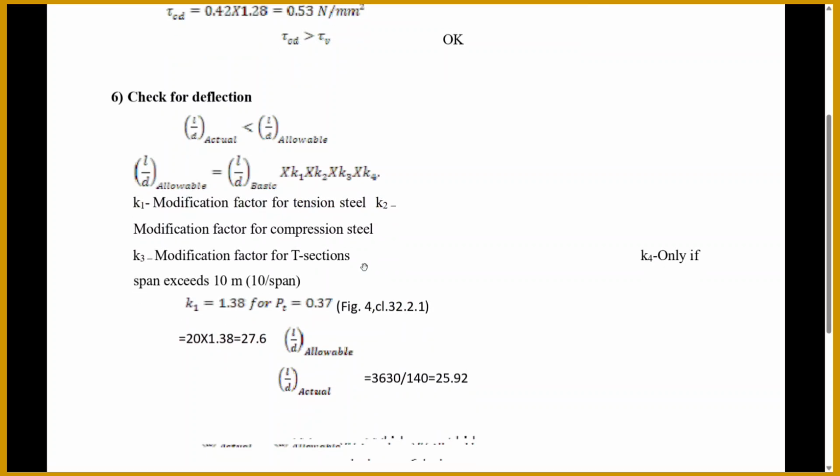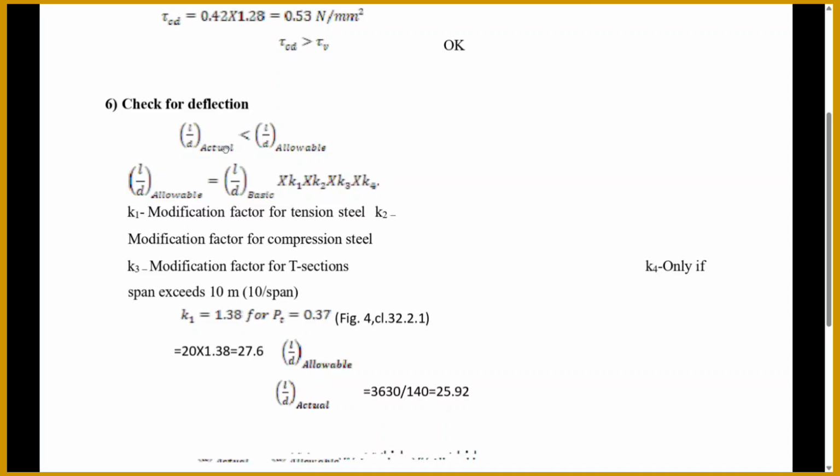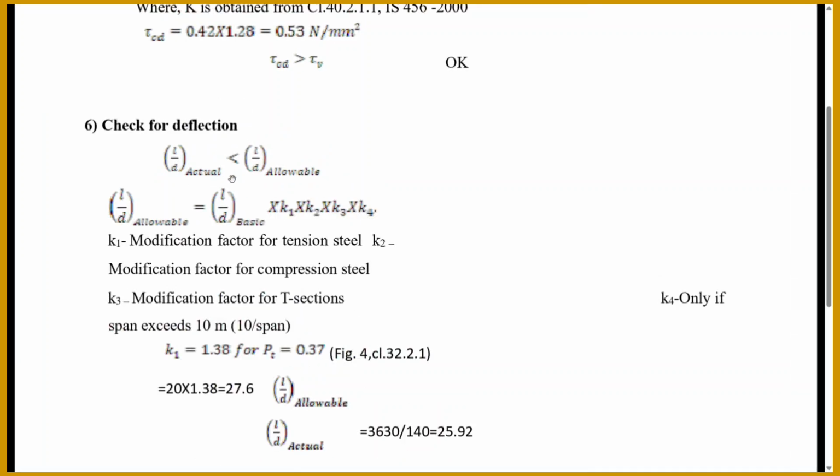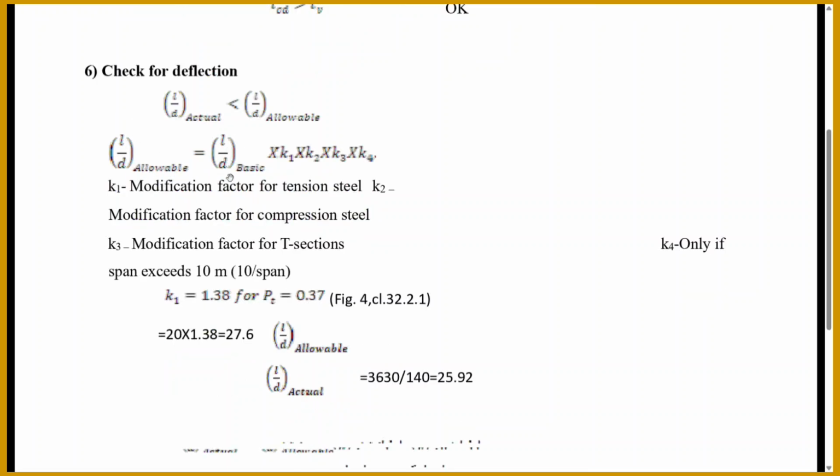After that you will have to check the deflection. For deflection criteria, the actual span by d is less than the span by d allowable, and allowable span by d equals L by d basic span into k1 into k2 into k3 into k4.